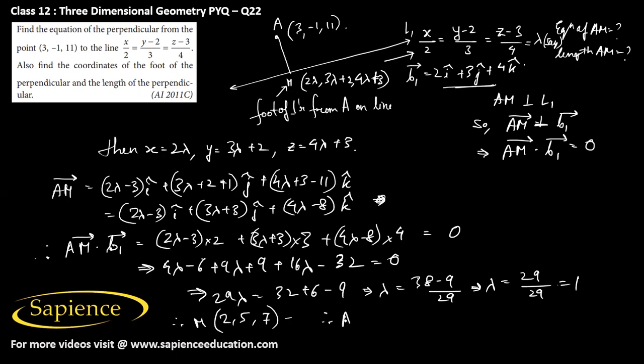So AM vector is (2 minus 3) i cap plus 6 j cap plus (4 minus 8) k cap, which equals minus i cap plus 6 j cap minus 4 k cap. So this is the AM vector.